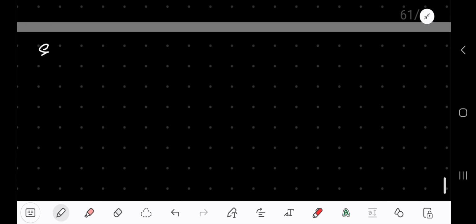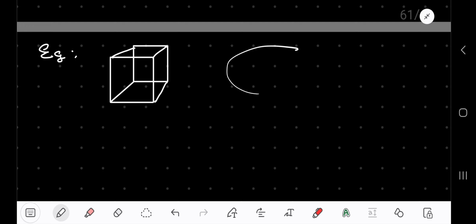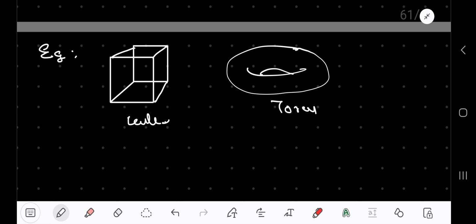Fine. So let us give some examples, and the examples are interesting because we will give examples by figures. If I talk about a cube, I cannot explain this completely at this point because we don't yet have the necessary tools. But if I talk about a torus and a cube, then these two are not diffeomorphic.